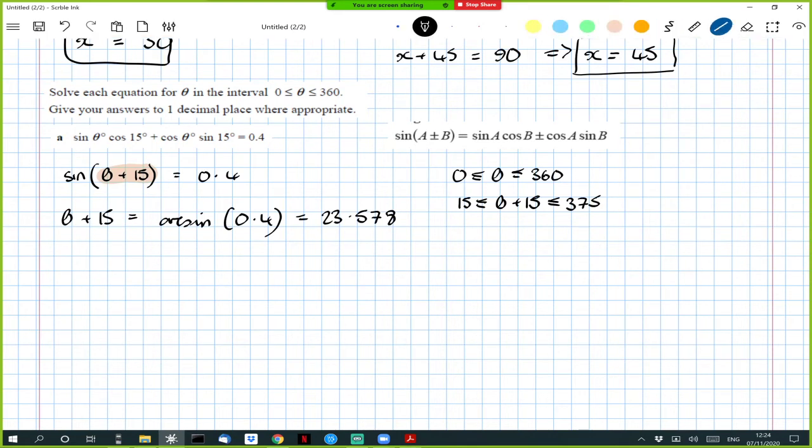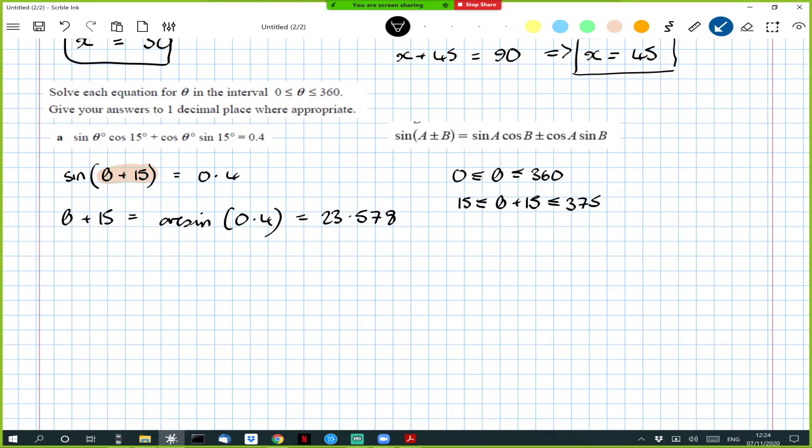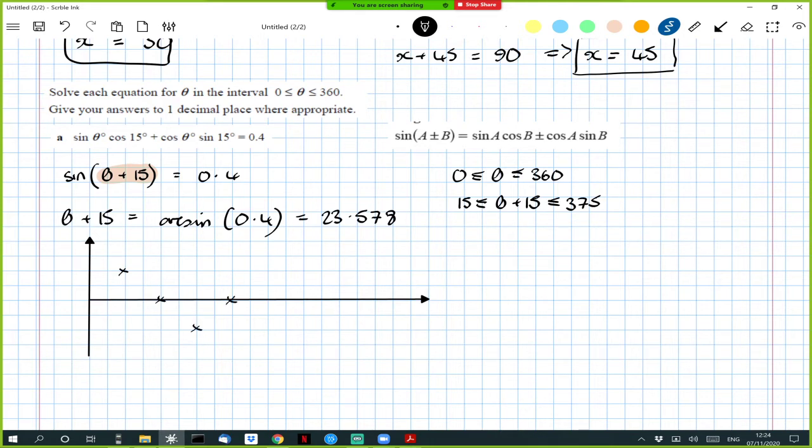So what we're going to do, we're going to draw the sine graph now, and see potentially where those other answers are. So we want all the way from 15 to 375. Well, we'll start at 0 just because it's easier to draw that way. 0, 90, 180, 270, 360, then a little bit more added on to take us past, up to and a little bit past 375.